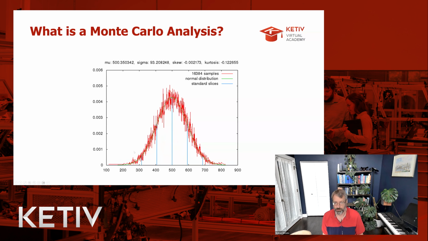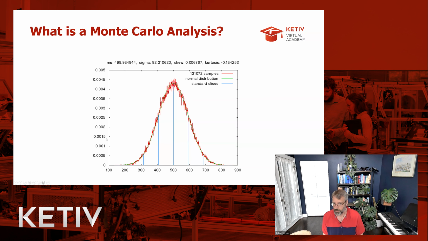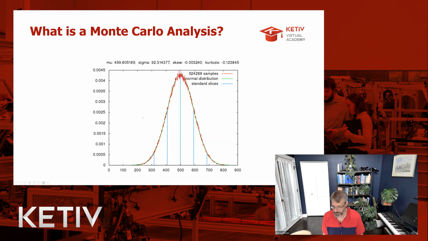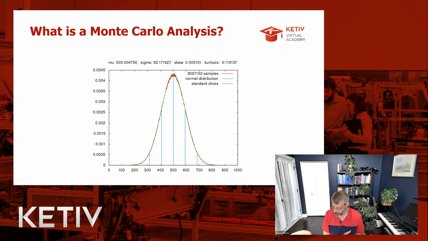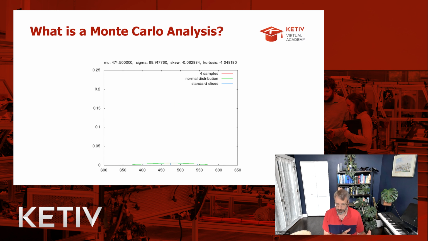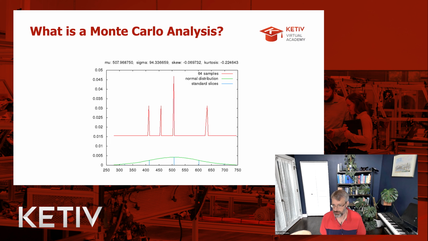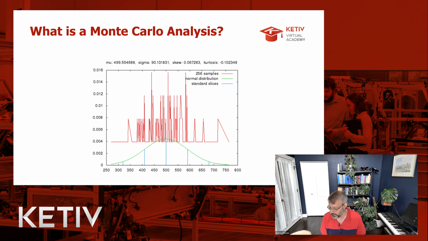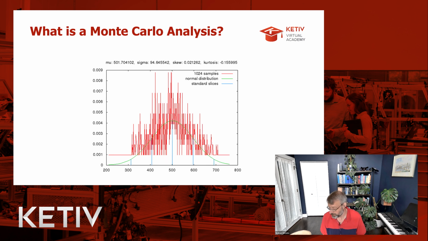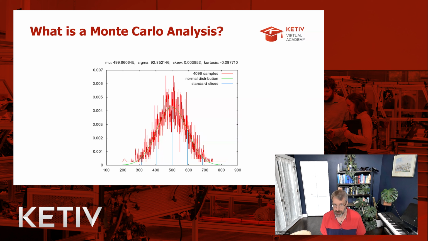And so the idea behind this is to run a whole lot of models with that input variable varying with a normal distribution, and then look at what's the output, so that we can start seeing the effects of manufacturing variability or other variability on our analysis.